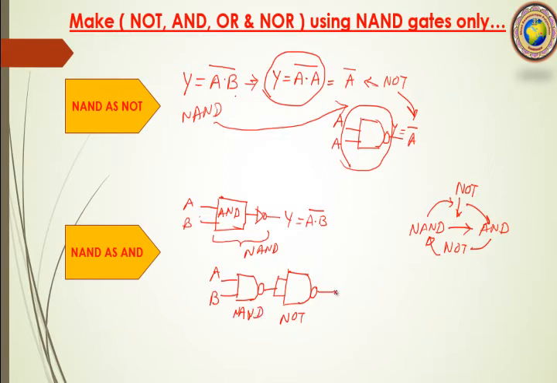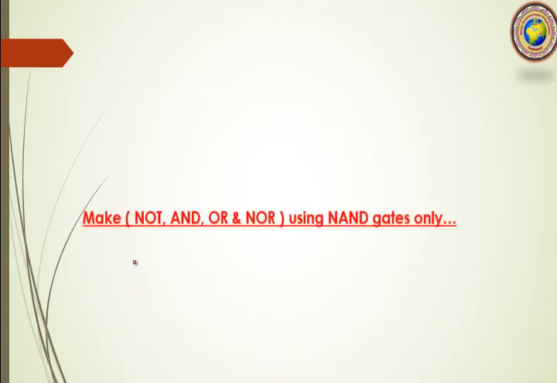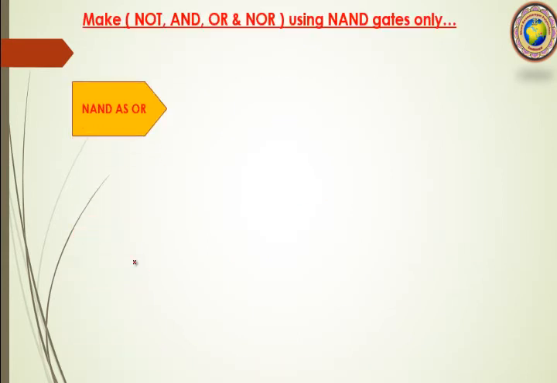So the output is Y is equal to A dot B, because here the output is A dot B bar, and here the output is A dot B bar and bar, so A dot B. So using these two NAND gates we develop the AND gate. Here we are using only one and here using two.